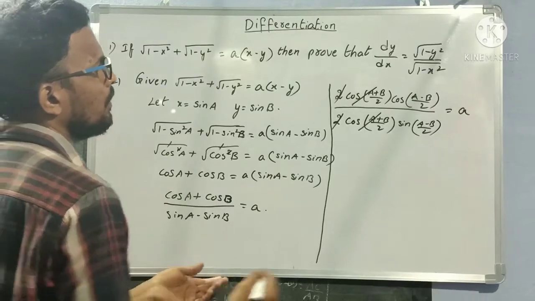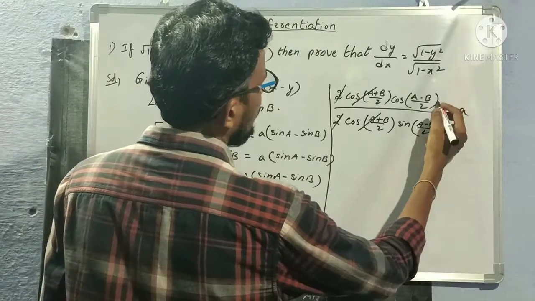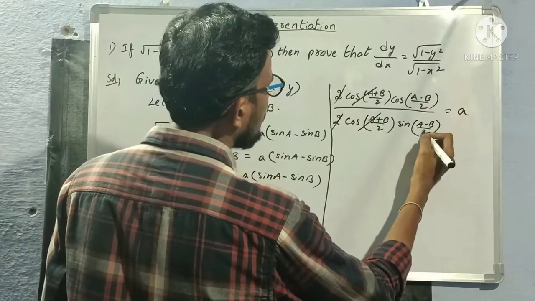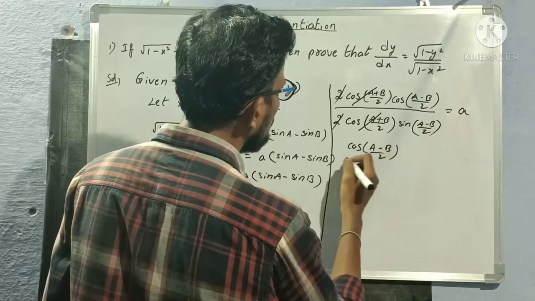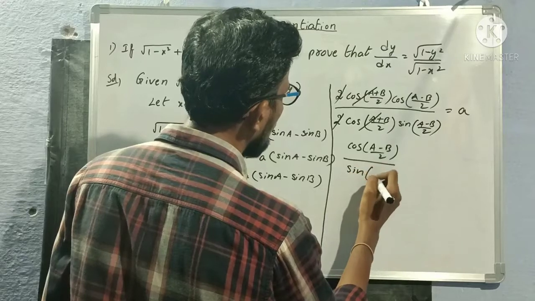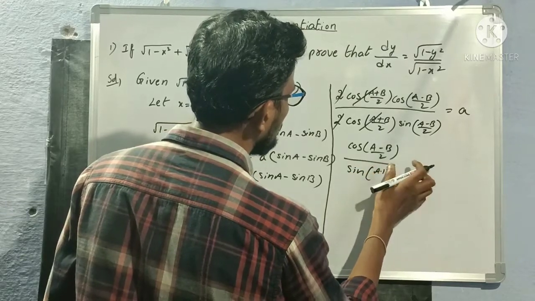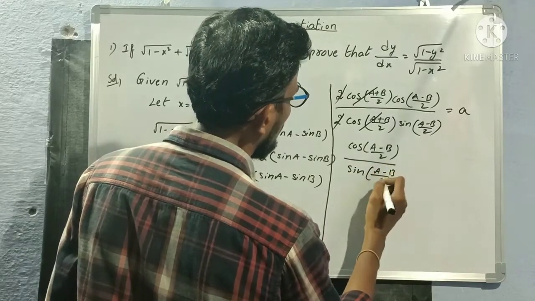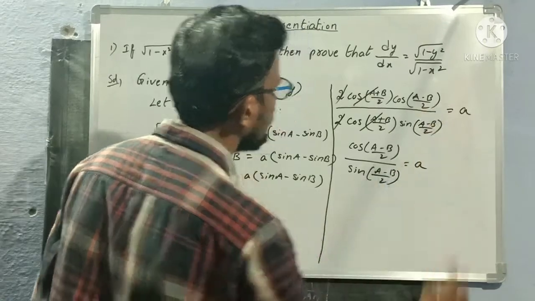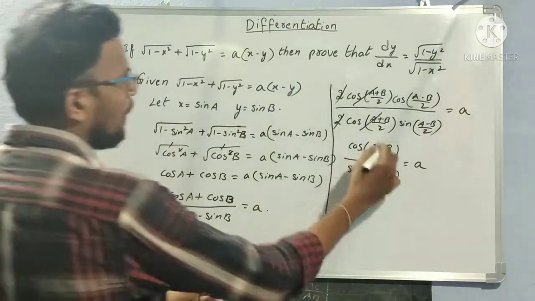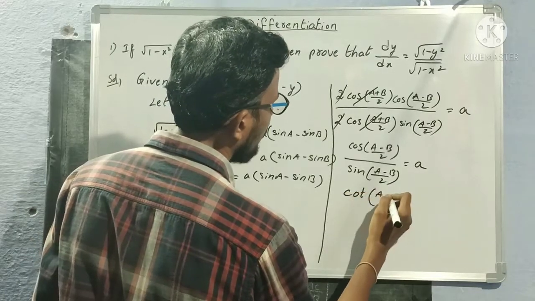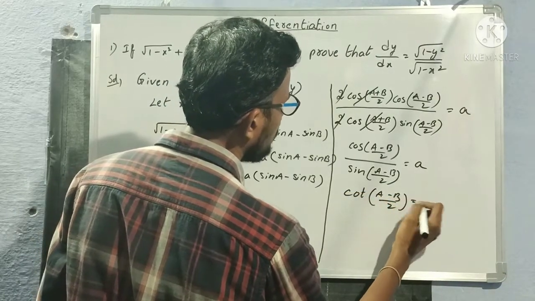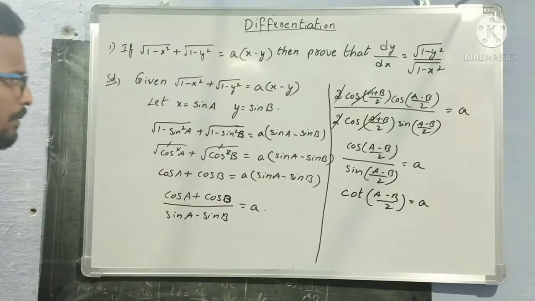We are left with cos of A minus B by 2 by sin of A minus B by 2 is equal to a. We know that cos by sin is cot, so cot of A minus B by 2 is equal to a.